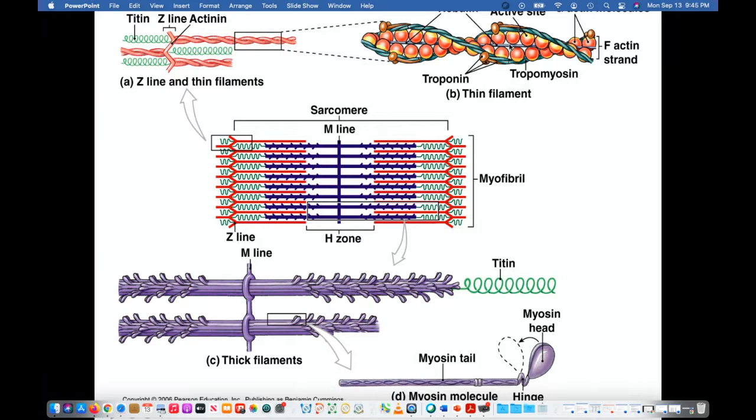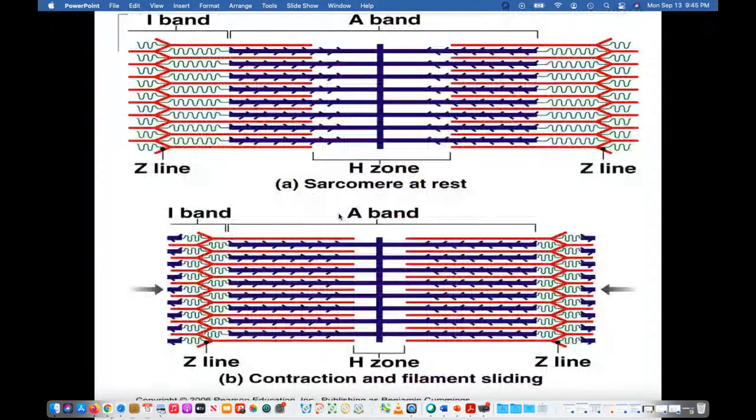Once calcium is sprinkled, troponin is pulled out, the staple is pulled out, all of the troponins are pulled out, tropomyosin shifts out of the way, and the binding sites are open. Once they're open, the myosin can bend. They bend like at this joint and this joint. And all of a sudden, these myosin heads move up and move down. They articulate or attach to actin, and they move it or slide it in, which we can see happening here.